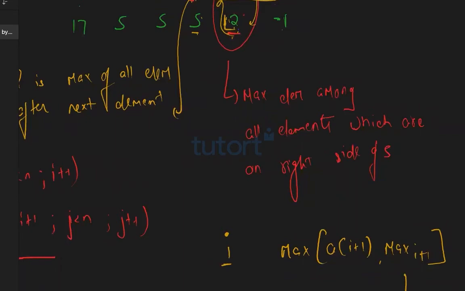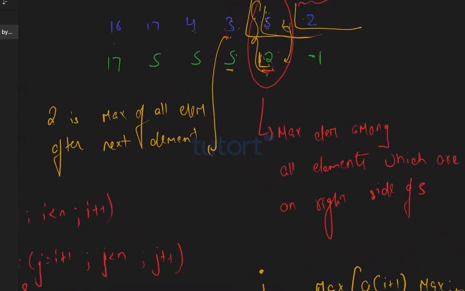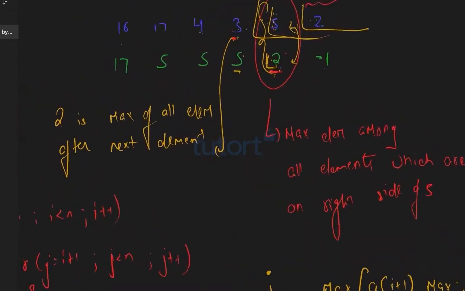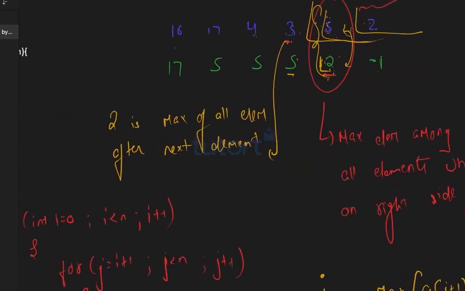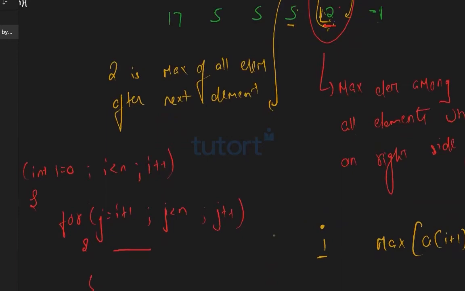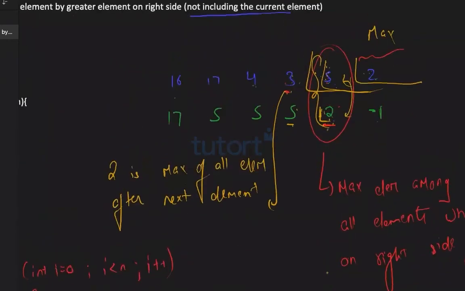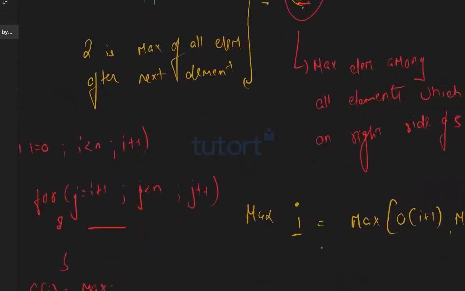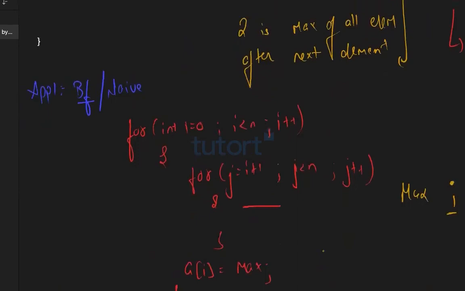So this is how we are reusing the already calculated maximum to get the current maximum. This is the main motivation behind reusing already calculated information to get the current information. That's how we can calculate the maximum element for I. This is a far better approach compared to the brute force approach.